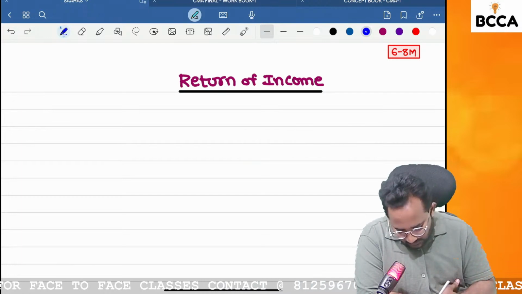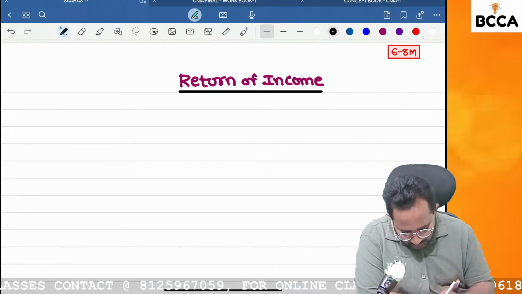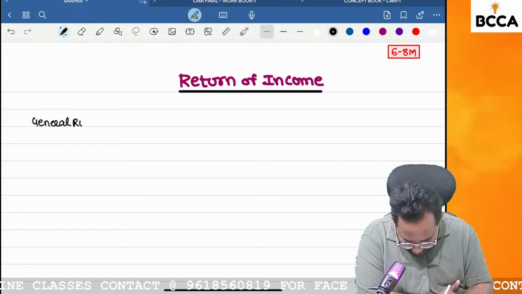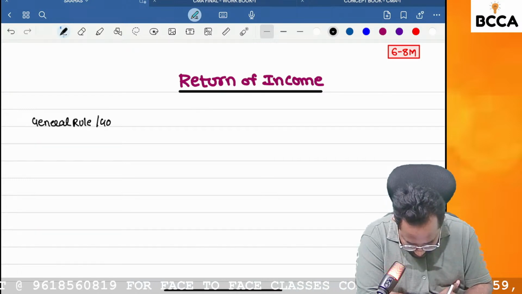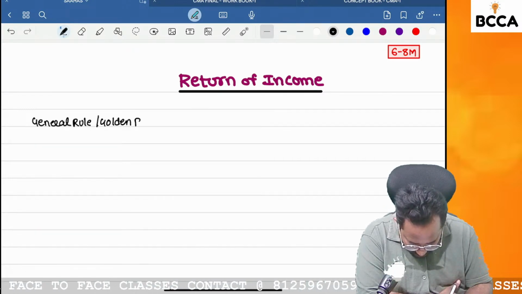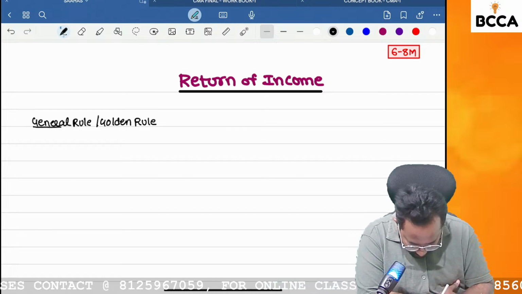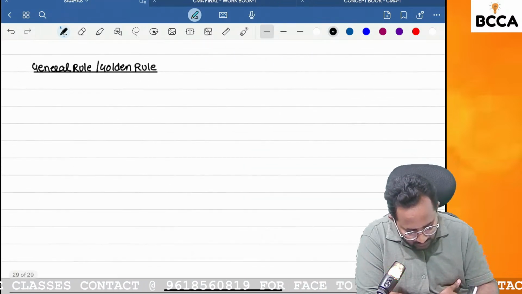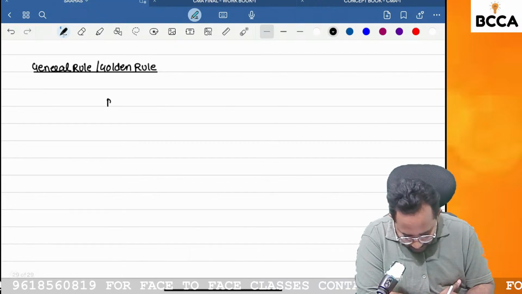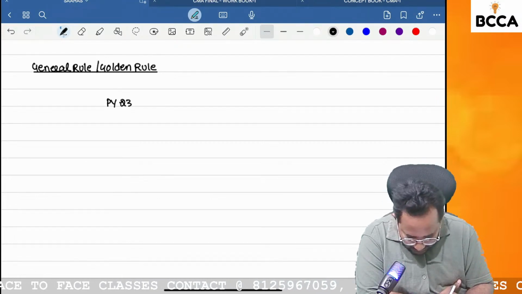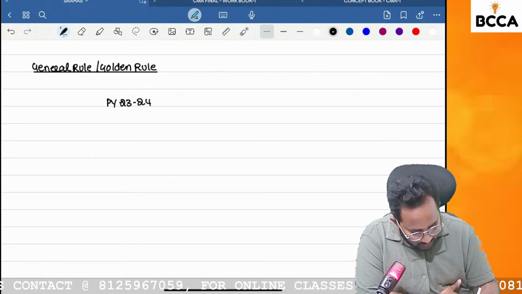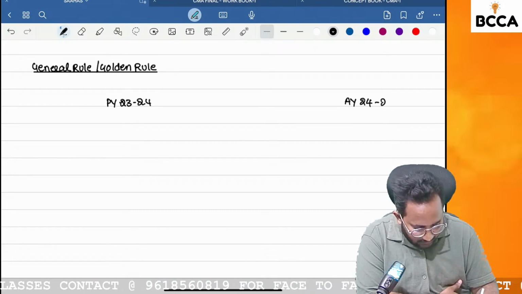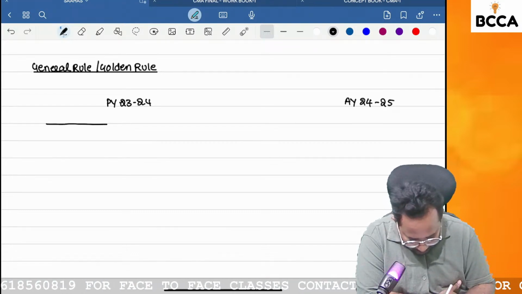Before starting this chapter, I want to know some things. Do you know anything about the general rule as well as the golden rule? Super. I have given this as the golden rule only. Income earned during the previous year, that is 23-24, the tax needs to be paid in the assessment year, that is 24-25.